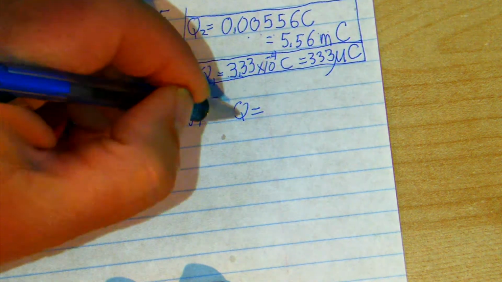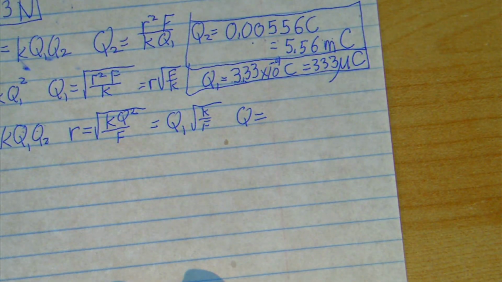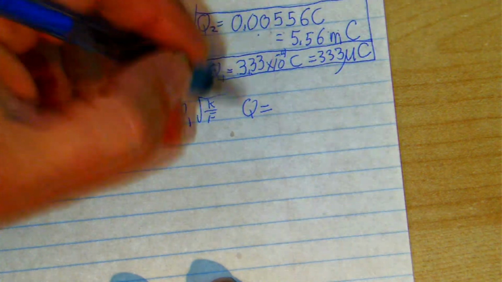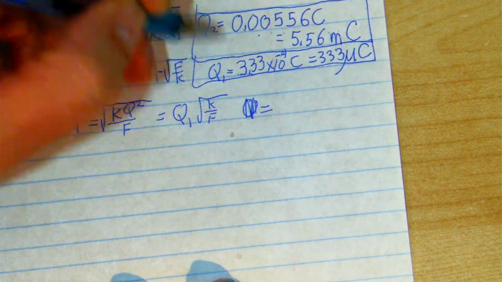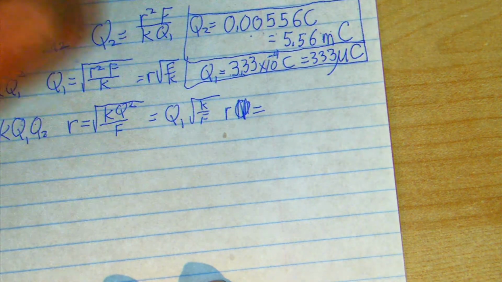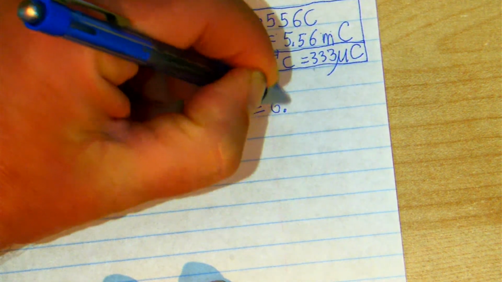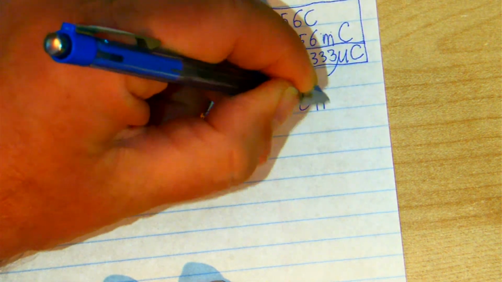Oh man, I'm sorry, I wrote the wrong variable there. R, the resulting distance between this pair of 0.001 Coulomb charges, for which the force is 200 newtons, works out to 6.70 meters, is the value of R.